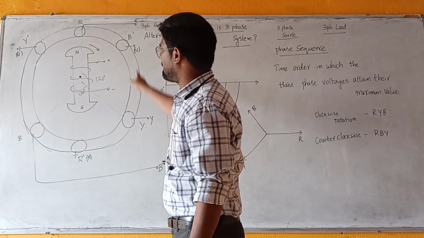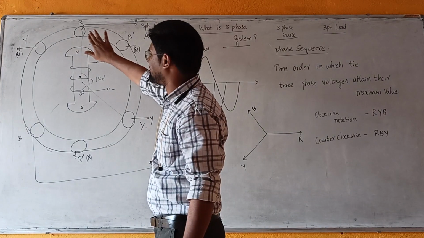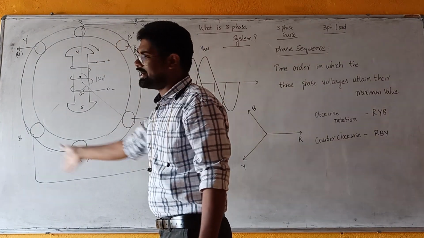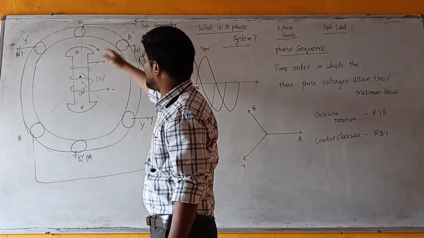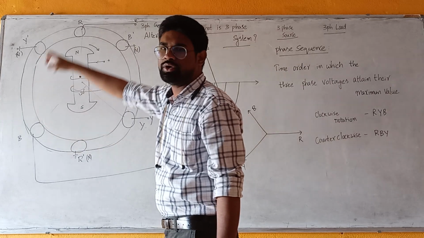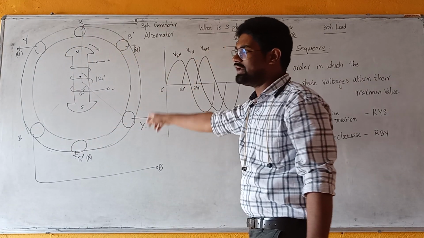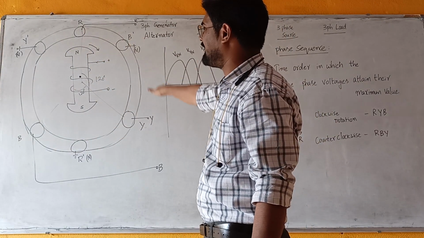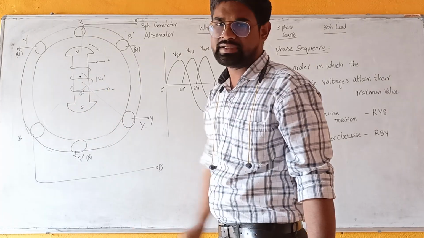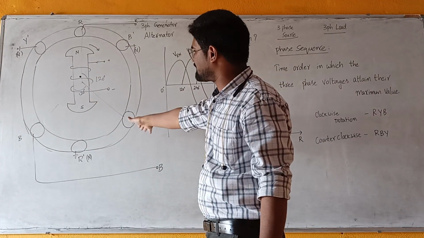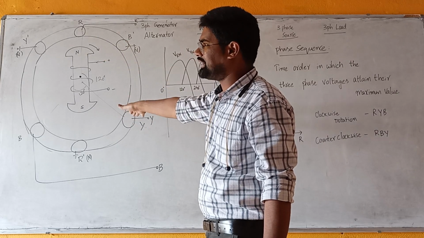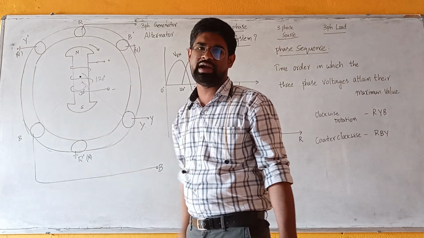While rotating, in the air gap, the rotating flux cuts the stationary conductors. There are 3 conductors, right? The rotating flux cuts the stationary conductors: the R set of winding, the Y set of winding, and next the B set of winding.